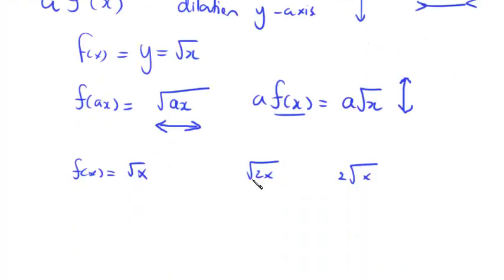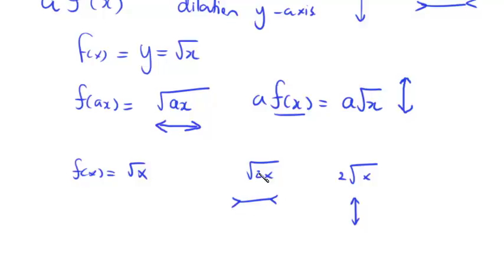So this one right here has 2 on the inside, so this must be horizontal. This one must be vertical. But because it's 2, greater than 1, it's a stretch, so you're stretching this one vertically. But because 2 is on the inside, it has the opposite effect: it's compression along the x-axis.